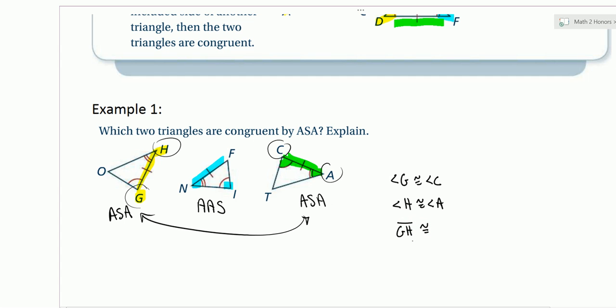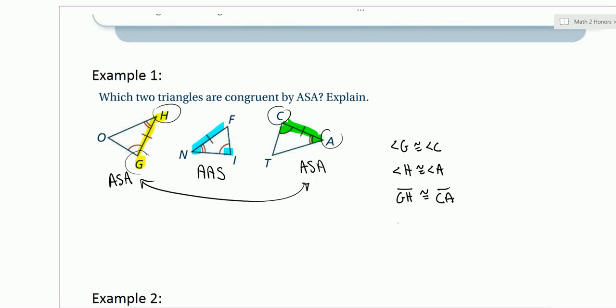Would I say AC or would I say CA? And you should say CA. And so which two triangles are congruent? Let's write our congruent statement. We say triangle GHO is congruent to triangle, follow the order here, CAT.